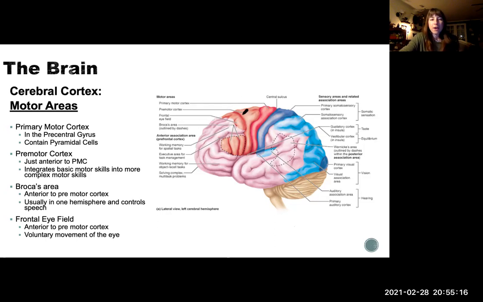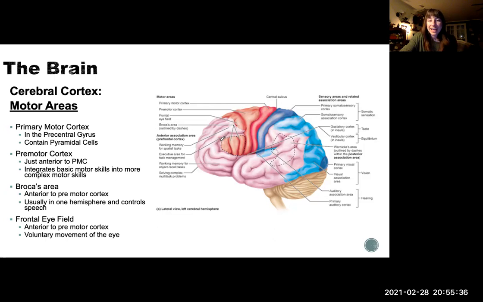So the premotor cortex is going to help to integrate basic motor skills into complex motor skills. You've got the main rough outline of what needs to happen being built in the primary motor cortex, and then the premotor cortex receives that information and refines it.